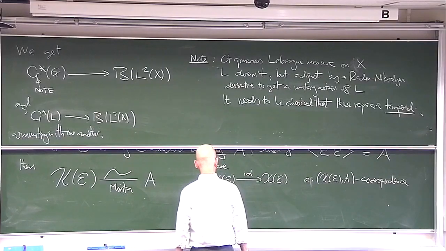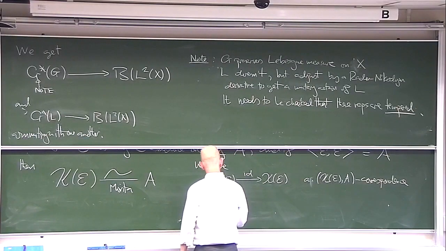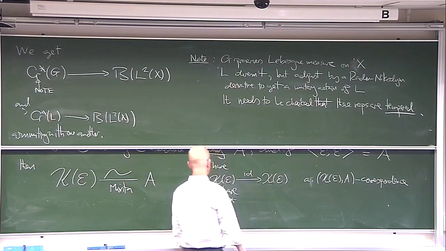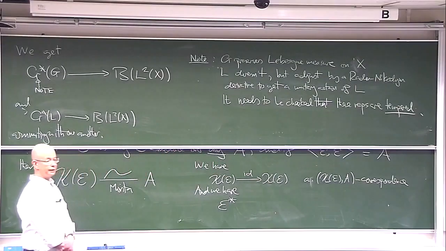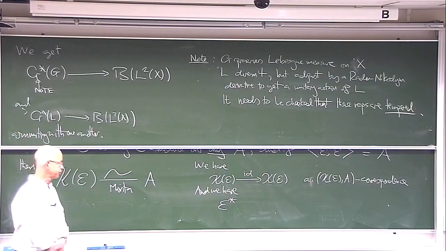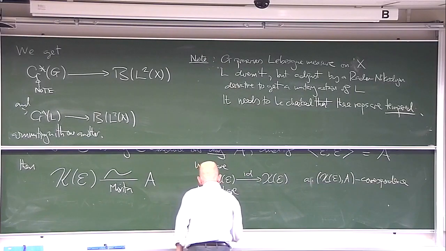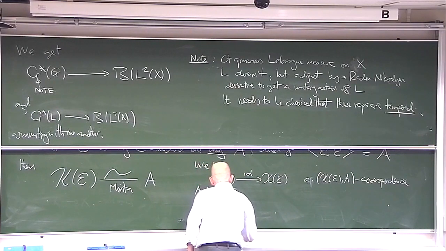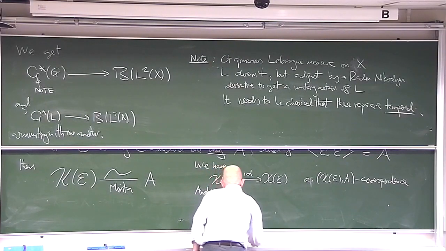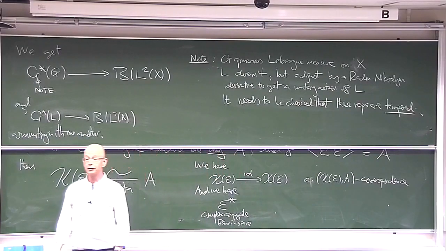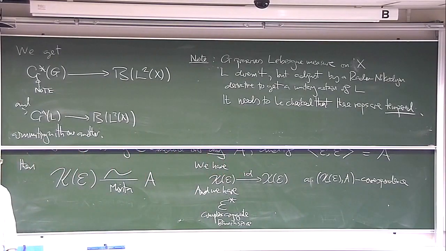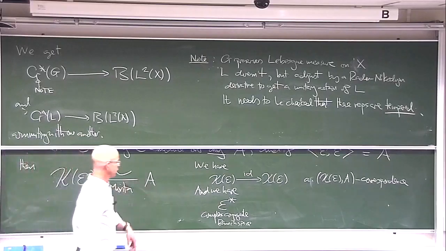You can take E and form what you might call E star. By E star I just mean the complex conjugate Banach space. But now I'm going to give it an inner product valued not in A, but valued in the compact operators.